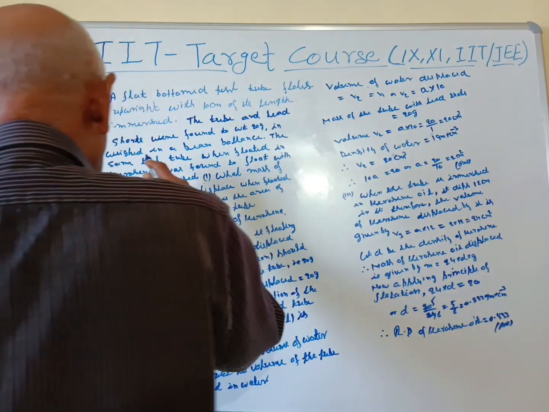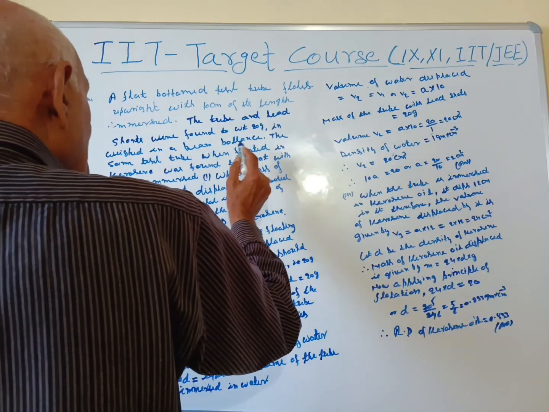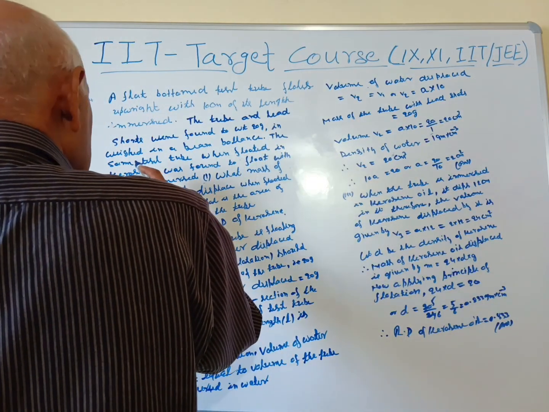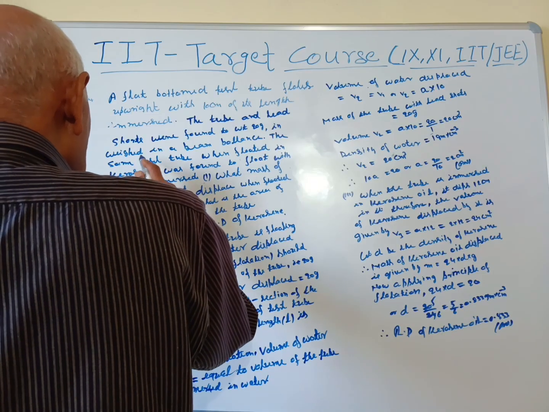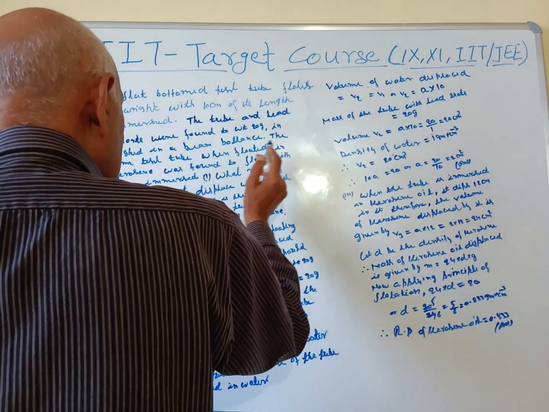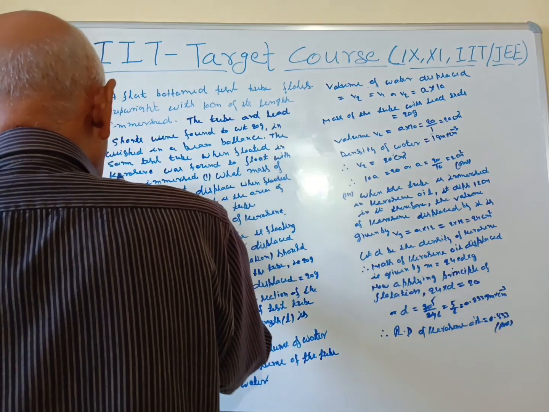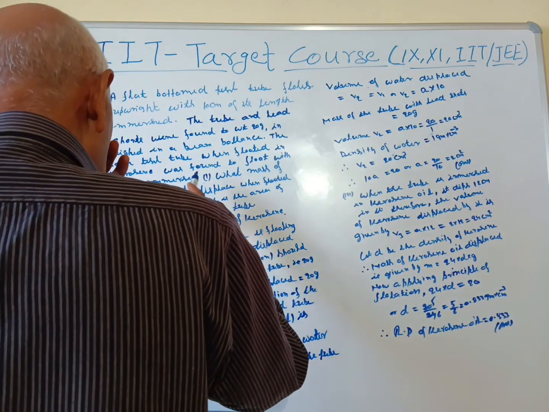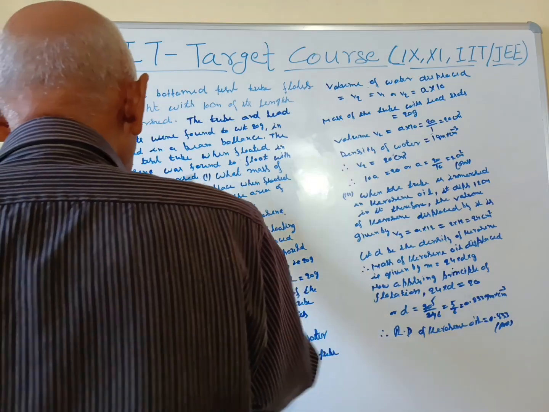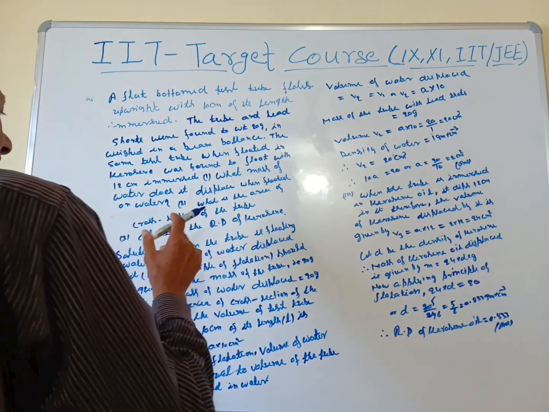The tube and lead salt were found to be 20 gram in weight on a beam balance. The same test tube, when floated in kerosene oil, is found to float with 12 centimeter immersed.